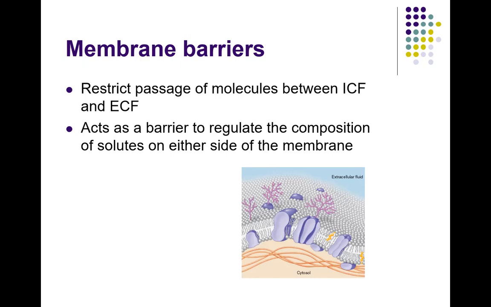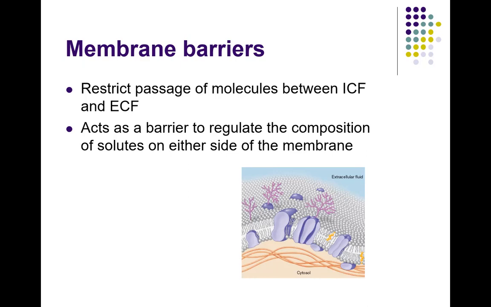That would be a bad thing. The same thing is true when you're thinking about things outside of the cell. There's things outside of the cell that you don't want inside. And so that plasma membrane is acting as a barrier that regulates what can and can't enter and exit, and the rates of those things that can actually be passing through.